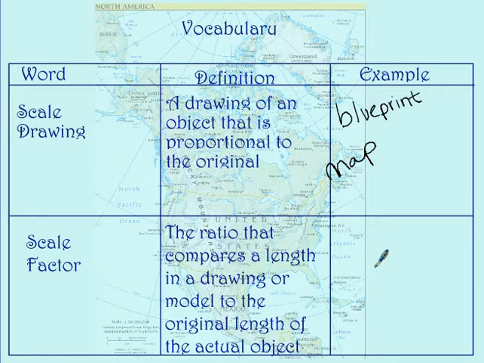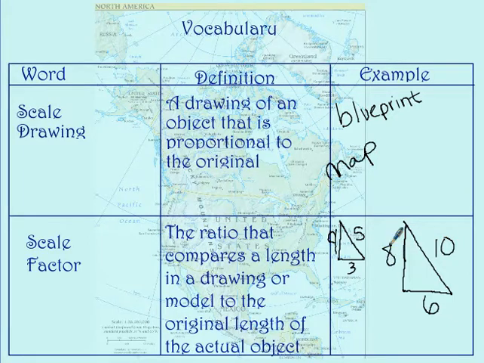If we have a triangle with sides 3, 5, and 4, and we draw one to scale with sides 6, 10, and 8, the scale factor is 2.